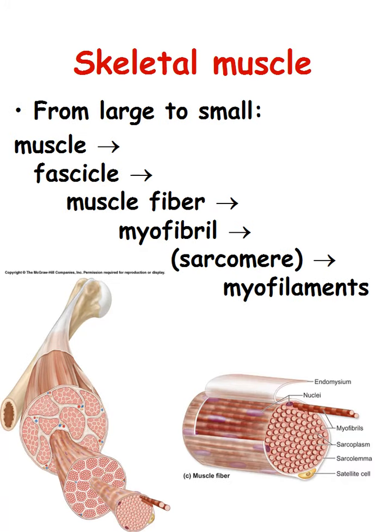To reiterate the macroscopic anatomy of skeletal muscle from largest to smallest structure, we begin with our muscle, then we go to individual fascicles that are composed of muscle fibers. Muscle fibers are composed of muscle fibrils that are broken down into individual units of the muscle, which are sarcomeres, which are composed of myofilaments.